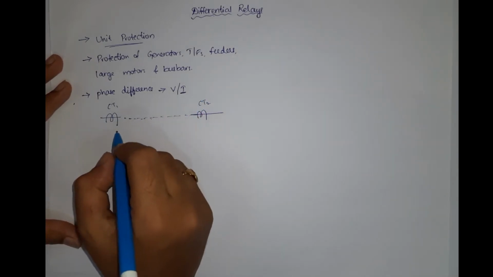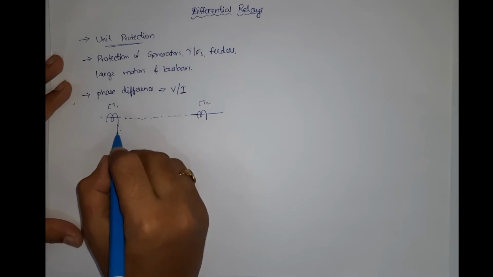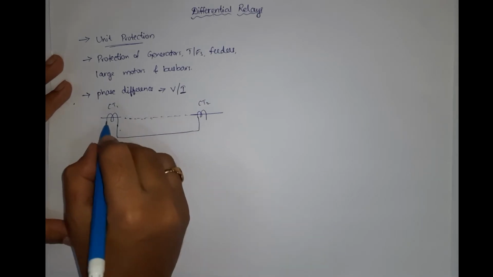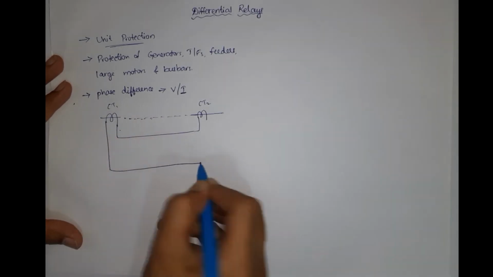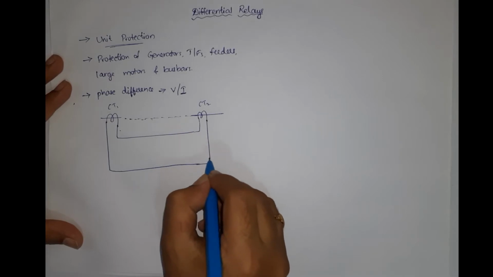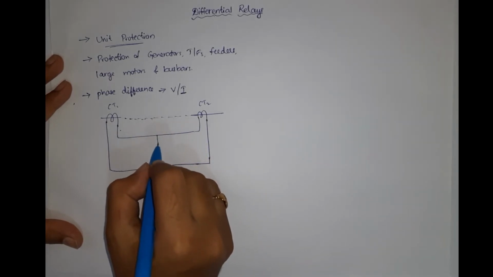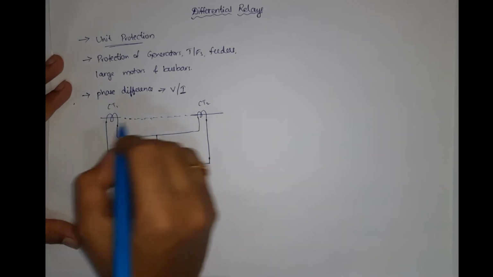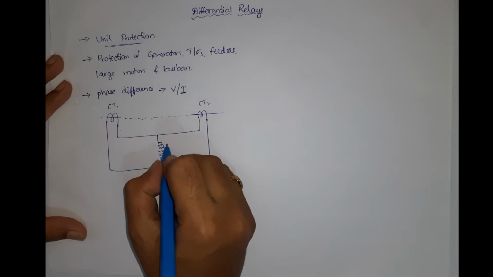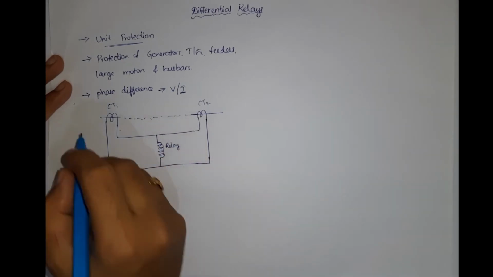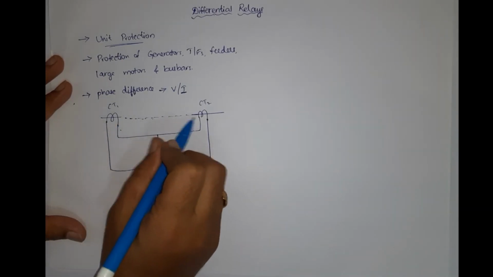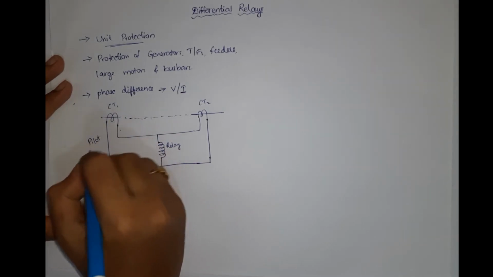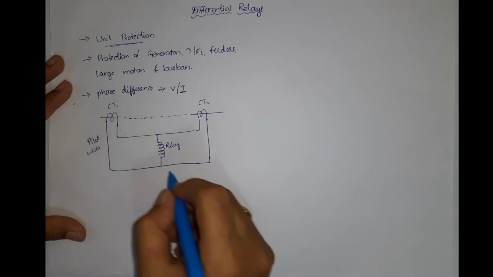Now the two secondaries of the CTs are connected like this with the help of a relay. So this is our relay. These wires with the help of which the two current transformers are connected are called pilot wires.